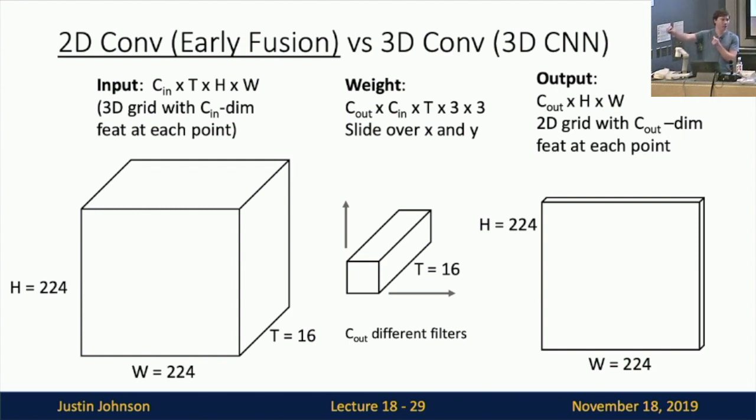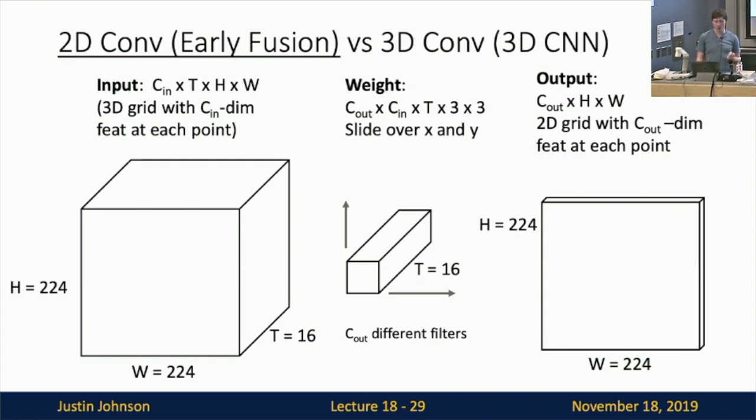So that means our 2D convolutional filter has the same temporal size as the input video sequence. And now this convolutional weight, we're going to slide over every position in space, because at every position in space, the filter extends over the full length of time. So we can compute a familiar inner product, and that gives us a two-dimensional output we can pass to further layers of the network.